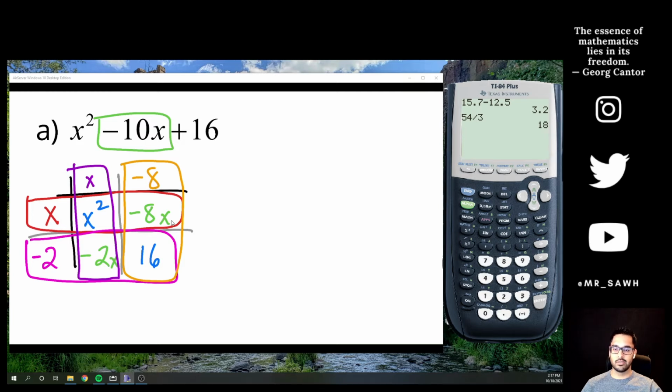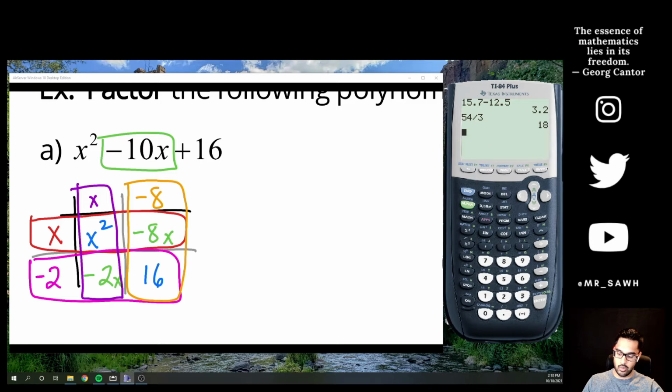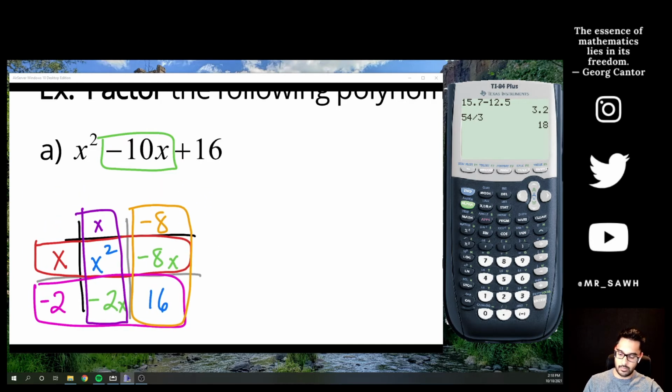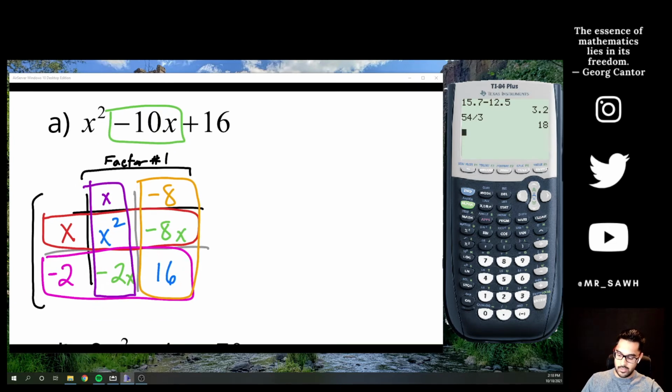So the way that factoring works as a visual, the two factors are written across the top of this rectangle. So let me move this picture down. Okay, so this is one factor, so factor number 1. And the one down the other side is factor number 2. And what they actually do is they multiply together to give us our original polynomial in the middle.